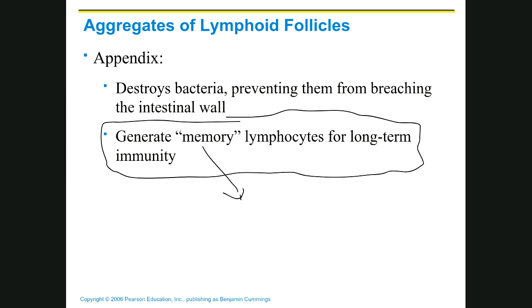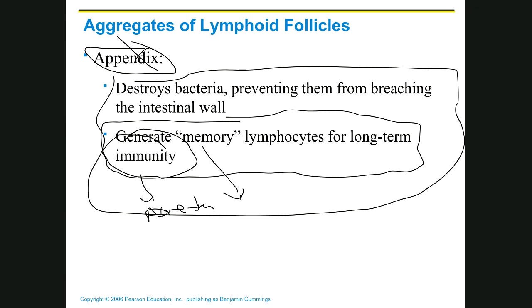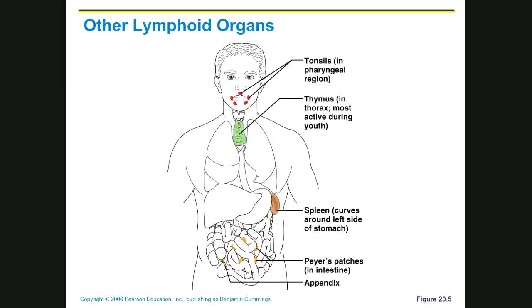So when we get to the immune system, we'll talk about how the immune system can remember. Well, the appendix is a place where a lot of this happens. So if you take the appendix out, you lose all of these functions. So when you look at the appendix, there it is right there, and it looks sort of like a worm. So a lot of times it's called vermiform appendix. Vermiform means worm-like.